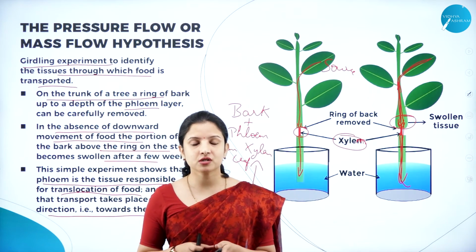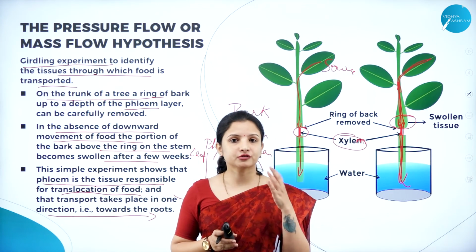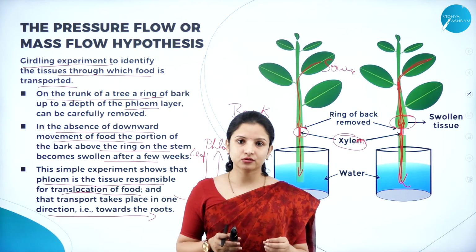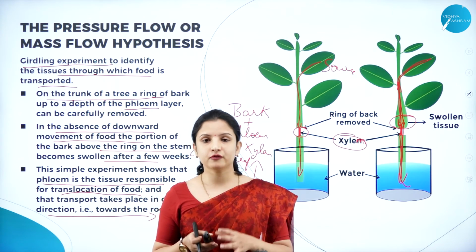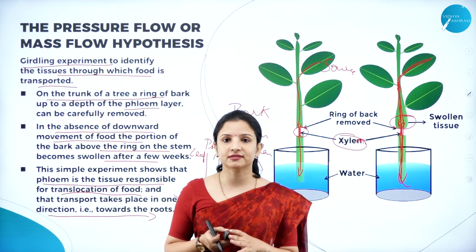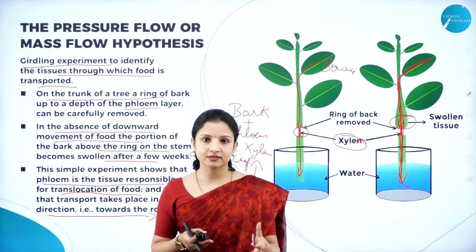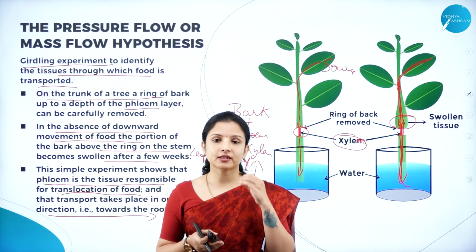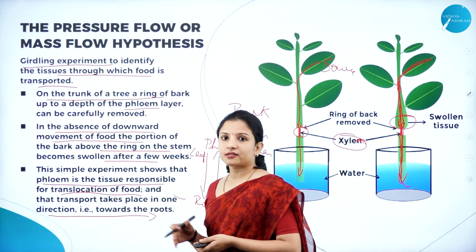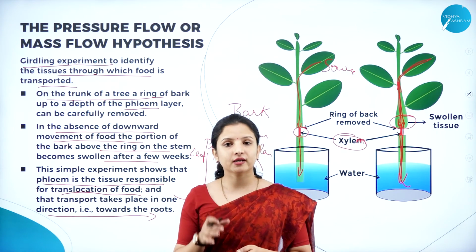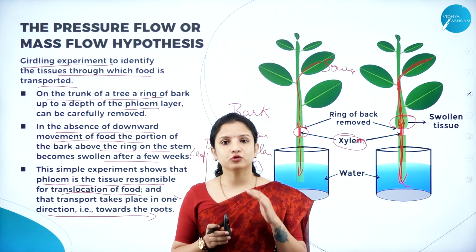So in today's session, we studied how the food travels from the source to the sink. We understood based on the mass flow hypothesis, which is also called the pressure flow hypothesis, which was proposed by a scientist Munch. And to support this, and in order to understand which tissue actually transports the food, the experiment called the Girdling experiment was conducted, wherein they found out that phloem is the one that helps in the transport of the food.